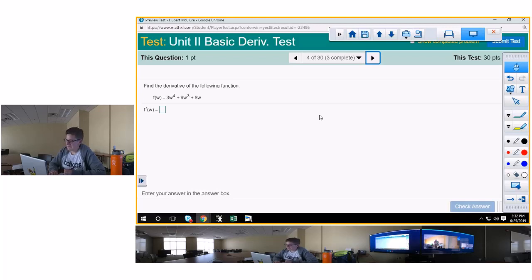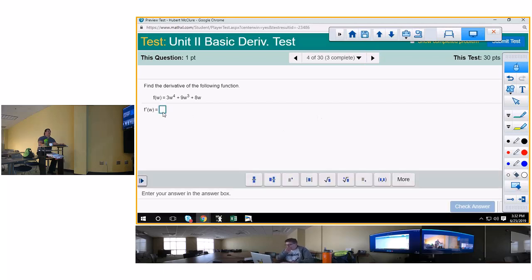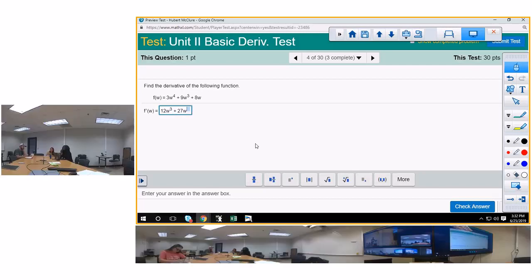Find the derivative of the following function. 12w to the third plus 27w squared plus 8.